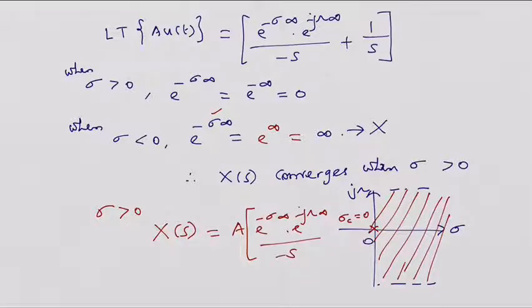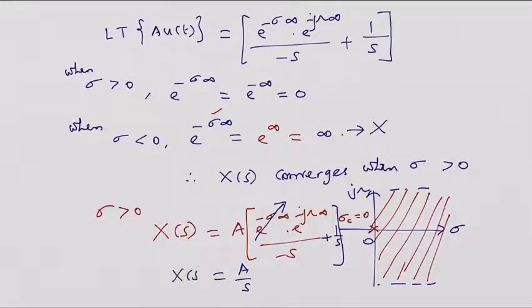Minus s was there, and the result is appended with one more term, which is 1 by s also. So let me conclude like this: this will become 0. If this becomes 0, then the expression will get reduced to A by s alone, right?